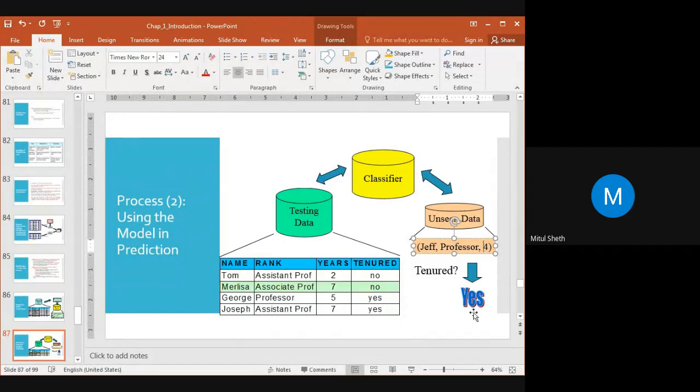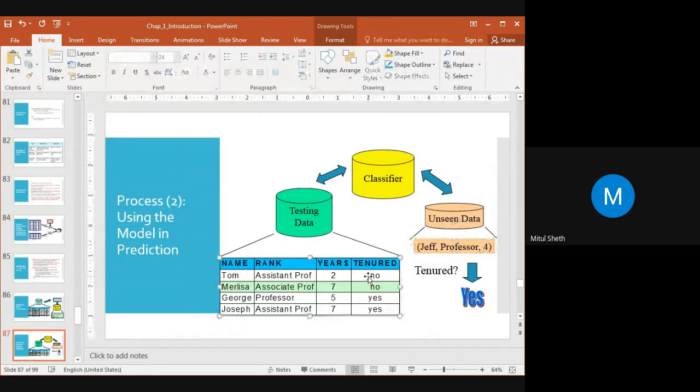Simply remember, I don't have this class label. So I have to find the class label. Then I am applying those testing data, or those unseen data, to my classification model, and it provides me the class label.